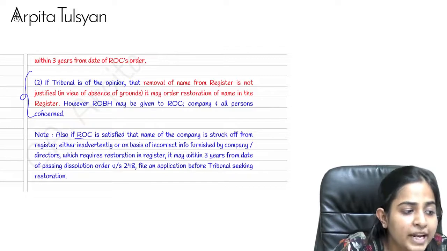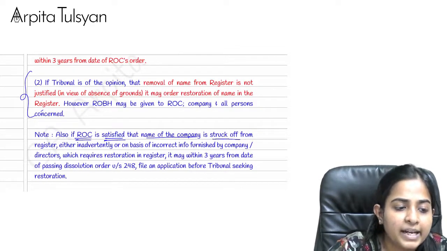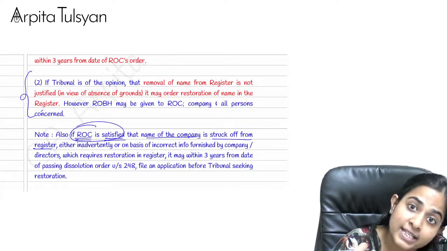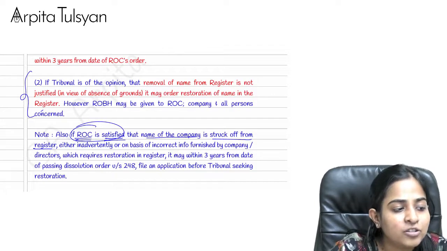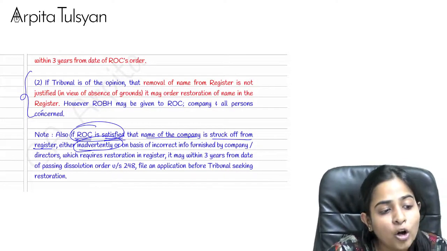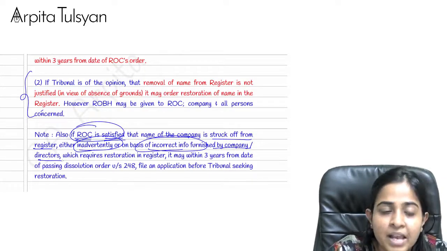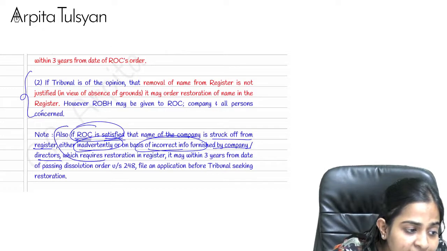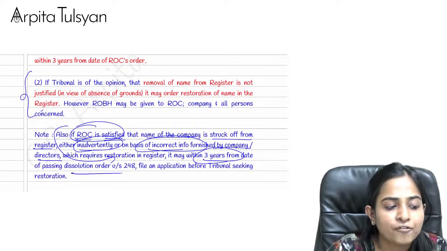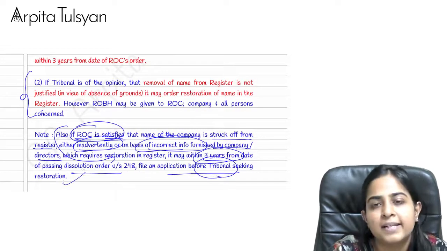Now if ROC is satisfied that name of the company struck off from the register was struck off either inadvertently, means wrongly, or on the basis of incorrect information that we receive from the company, and now ROC itself thinks that restoration should be done, then within 3 years of the dissolution order, it can make an application to the tribunal that, sir, please let's restore this.